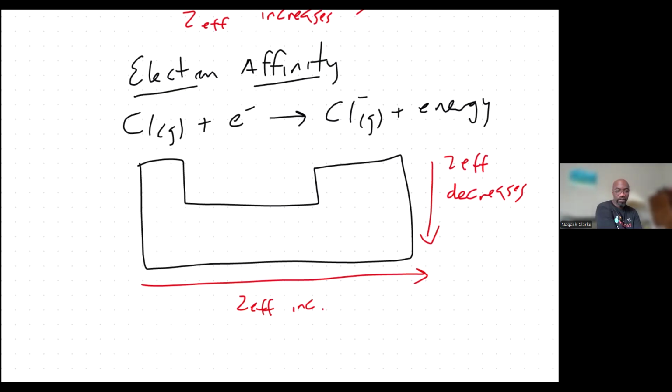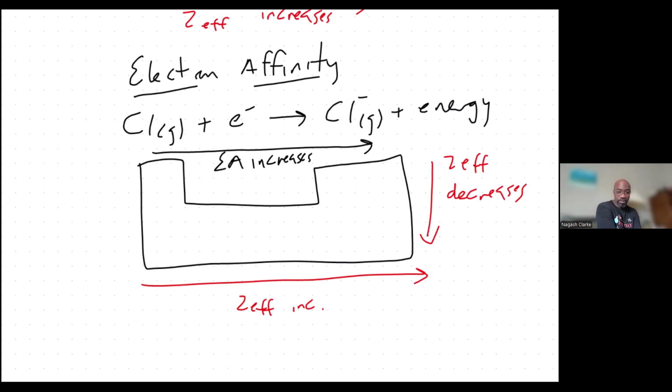Let's see. So while you're thinking about it, I'm going to set it up. So EA, as we go across, what do you think happens to EA? Since effective nuclear charge is increasing, I have a much stronger pull from the nucleus as I go across left to right, so EA will also increase. Atoms on the right are more likely to pull electrons in because there's stronger effective nuclear charge.